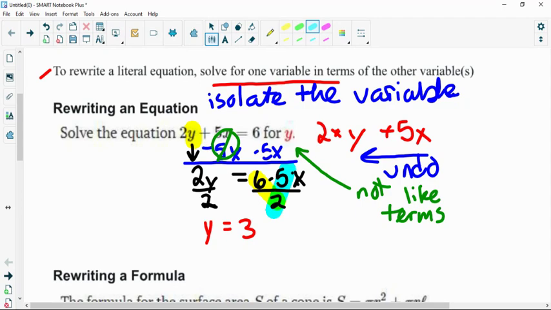Now, we can't do that and get a whole number. So, negative divided by a positive is negative, and we can leave the 5 divided by 2 as a fraction, giving me negative 5 over 2 times x.